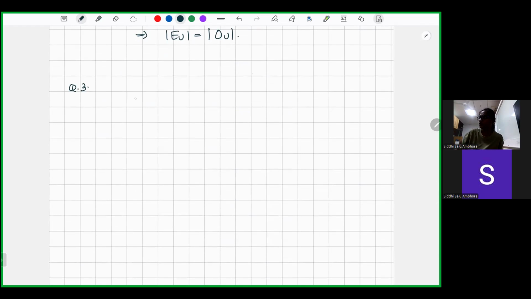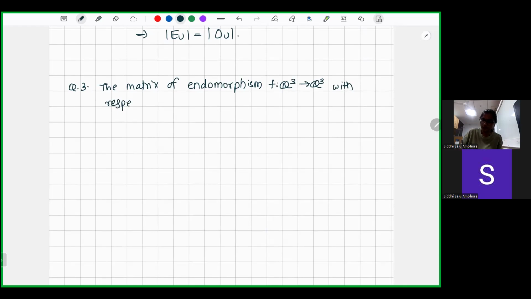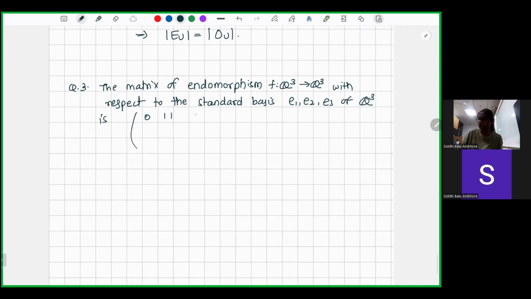That the matrix of the endomorphism F from Q3 to Q3 with respect to the standard basis E1, E2, E3 of Q3 is the matrix 0 1 1, 1 0 1, and 1 1 0.